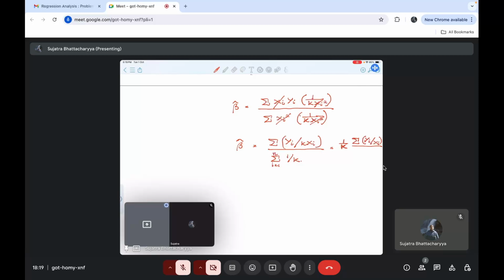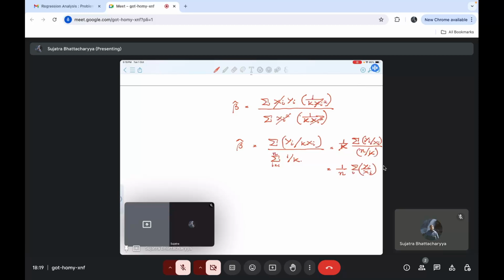This 1 by k is added n times. Then it will be n by k, right? So n times it will be repeated, same constant. So this k can be removed. So it will be just 1 by n summation yi divided by xi.